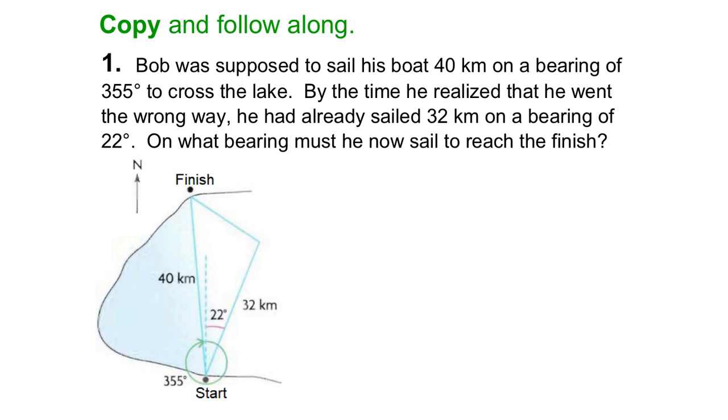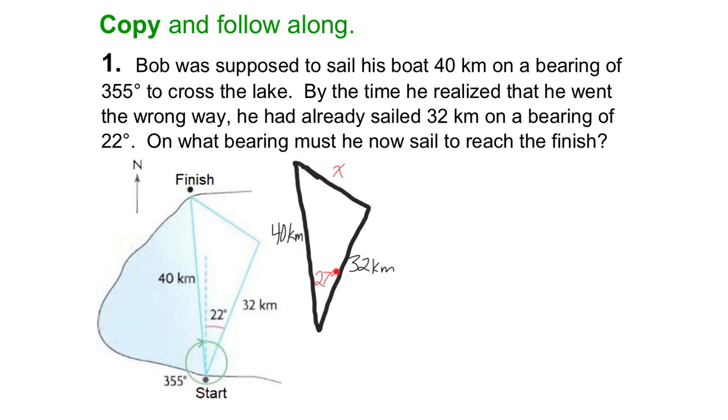In order to know that, I have to know this side length first. And then I can figure out what all my different angles are, and then I can figure out what the bearing is. So first I'm just going to redraw this triangle so that it's a little more clear and less cluttered. I'm first going to try to find this side length here, which I've labeled as x.